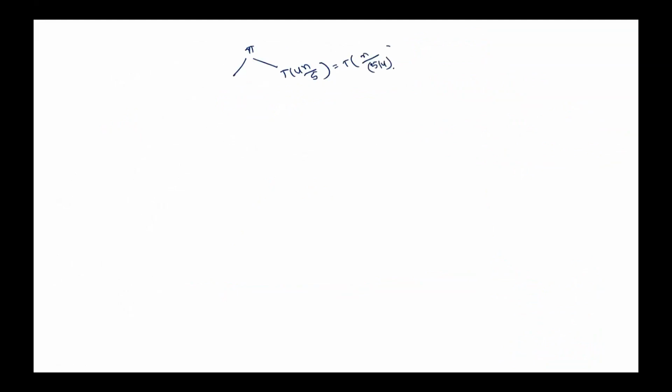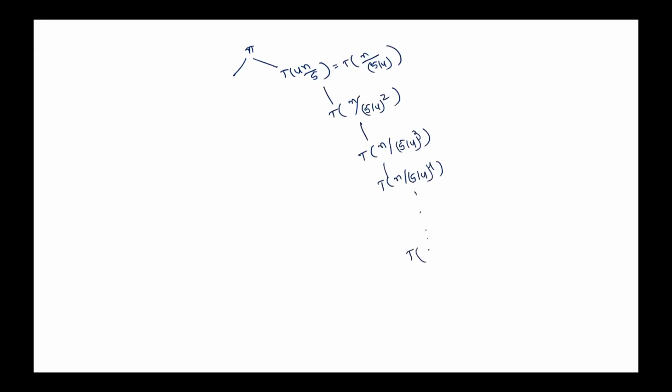Next it becomes T of n by 5 by 4 whole square. Next it becomes T of n by 5 by 4 whole cube. Next it becomes T of n by 5 by 4 whole power 4, and so on.